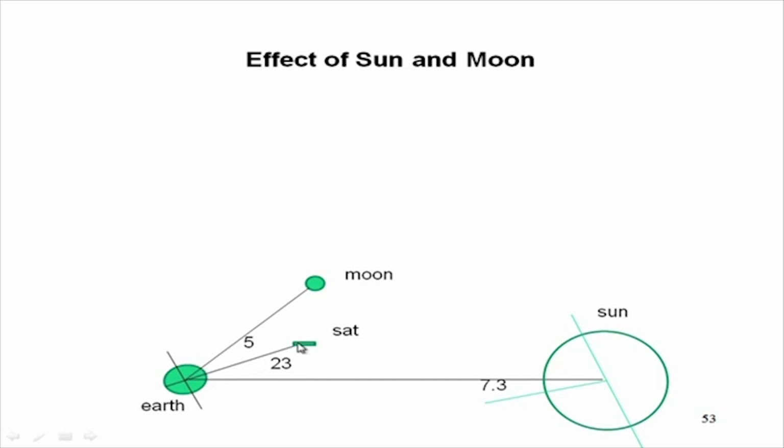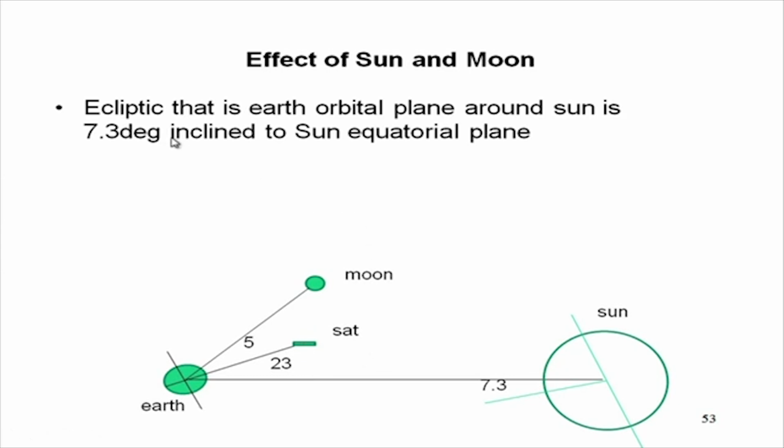The Moon creates a 5 degree elevation with the equatorial plane of the Earth, and based on the positions of the Moon, Sun and Earth, there will be some force acting on the satellite. You can see that this force can move the satellite northward or southward.